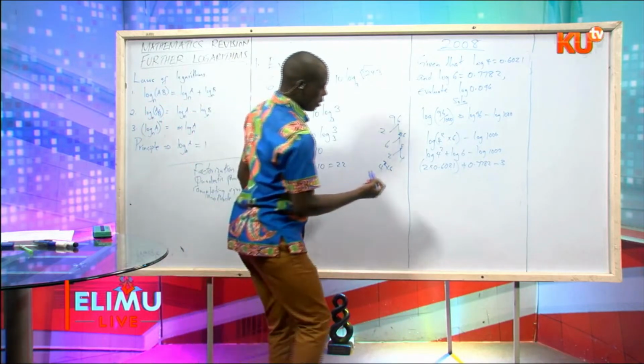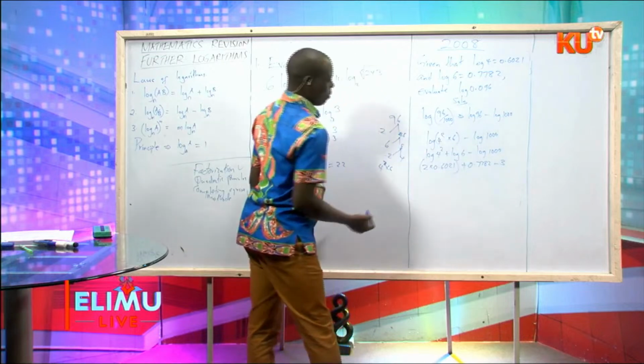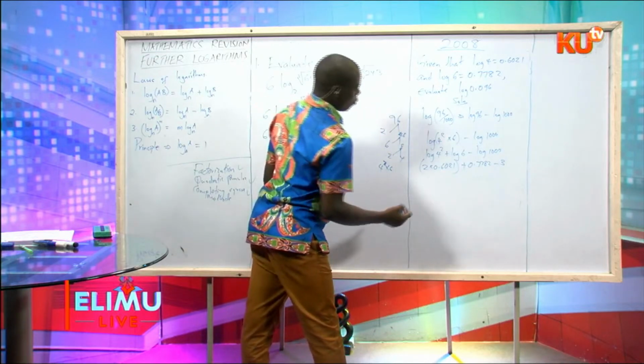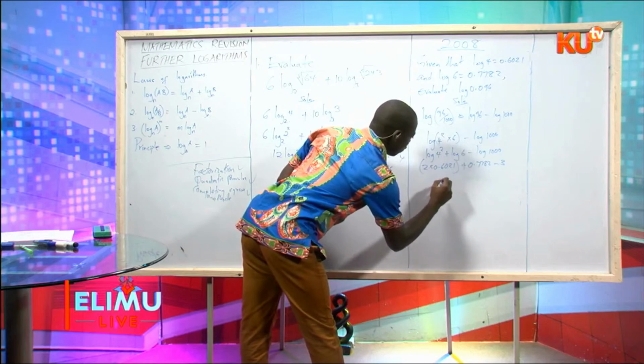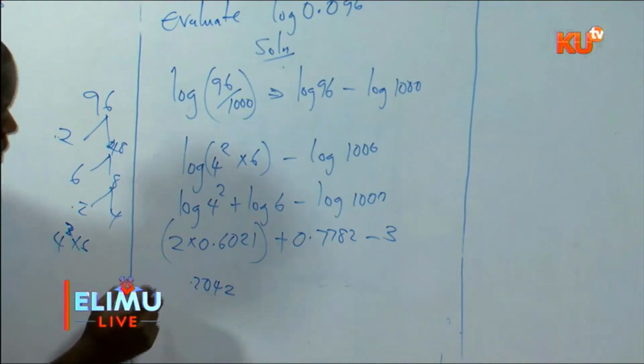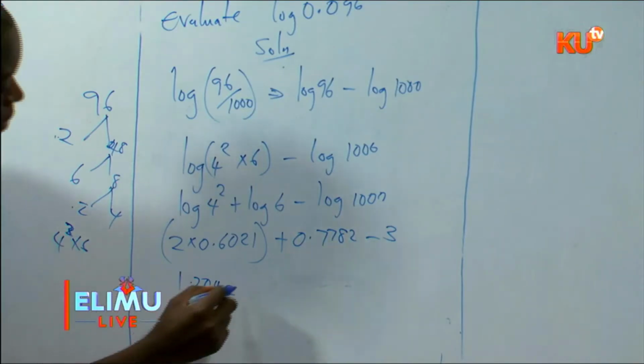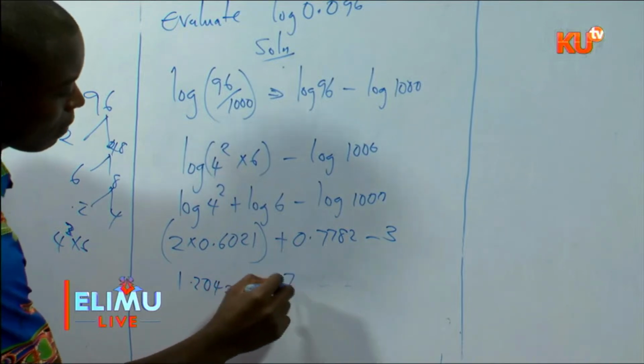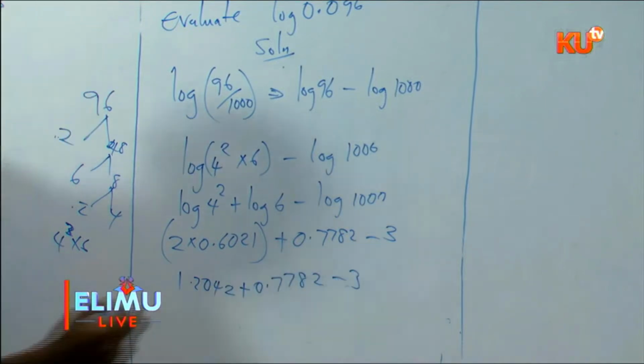So what will work out in this one is 2 by 0.6021, that is 1.2042, plus 0.7782, minus 3.